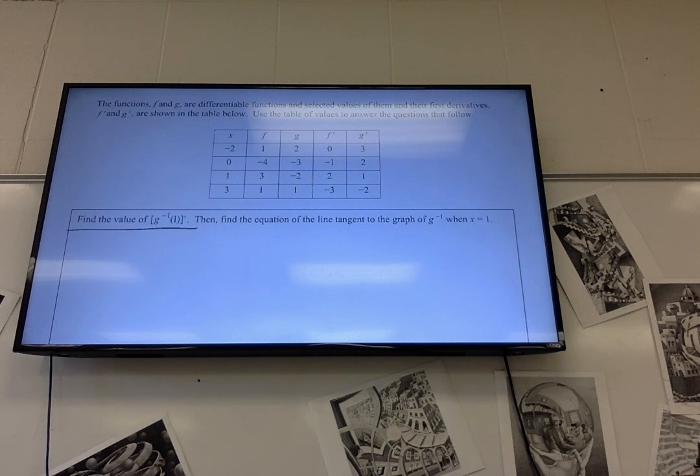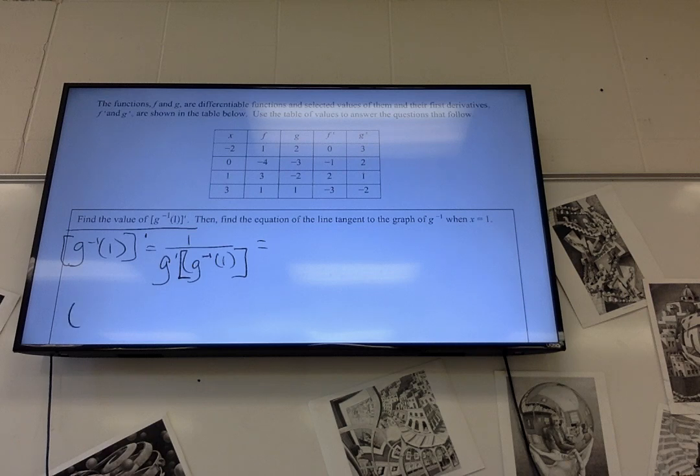So it's 1 over G prime of G inverse of 1. Let me write this out first. So, G inverse of 1.